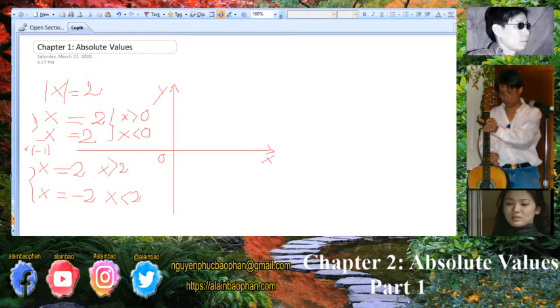Okay, so let's see how the graph of absolute of x equal 2 looks. So absolute of x equal 2, we break it down. I use this thing right here, number 1 and number 2. Number 1 is equivalent with number 2. Actually, it's the same.